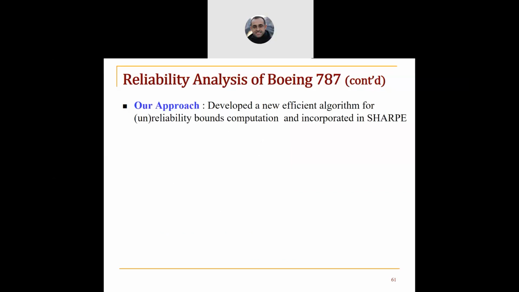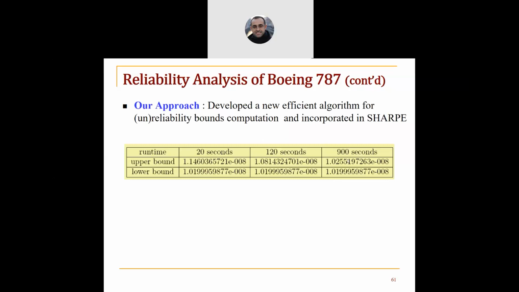So this shows the unreliability upper bound and unreliability lower bound within 900 seconds of computer time. So it turned out that this very complex, intractable problem could be solved by this very simple idea in a very reasonable time.